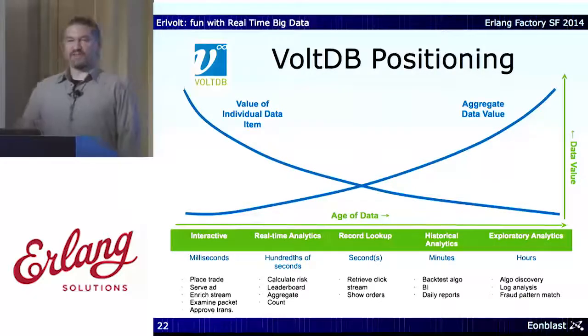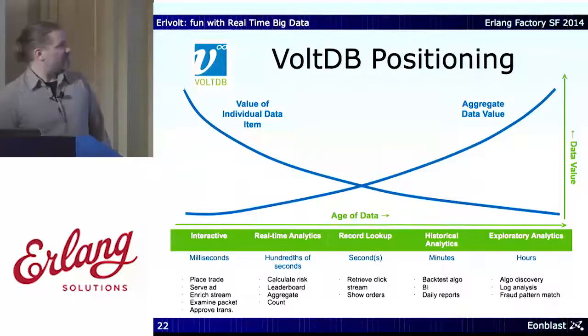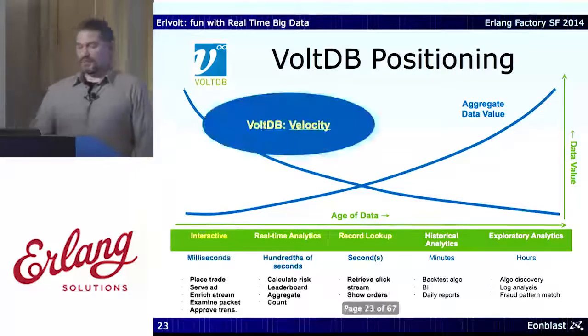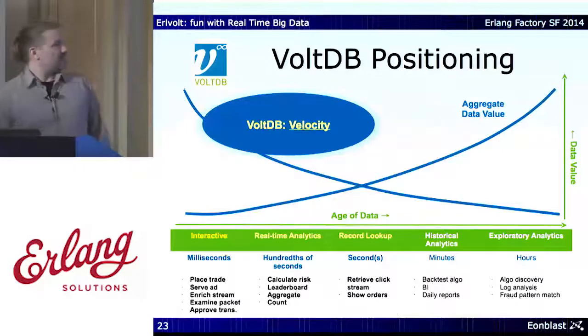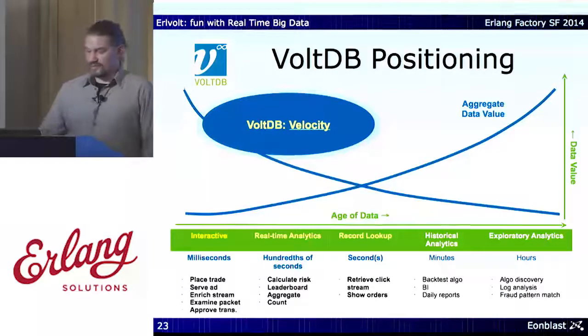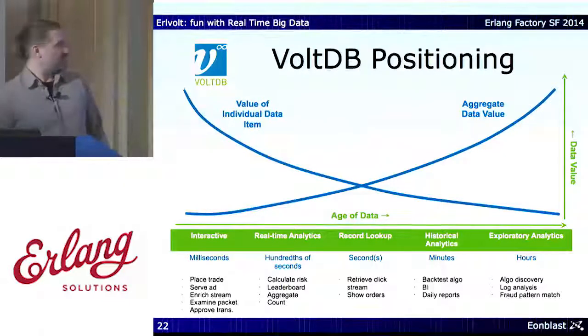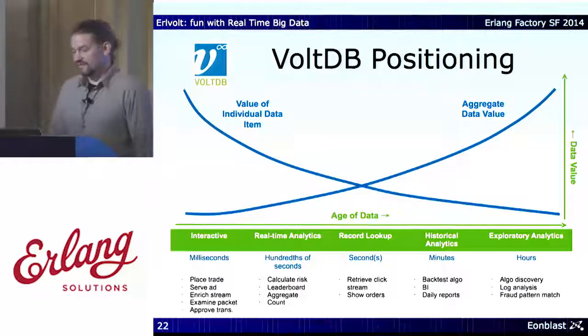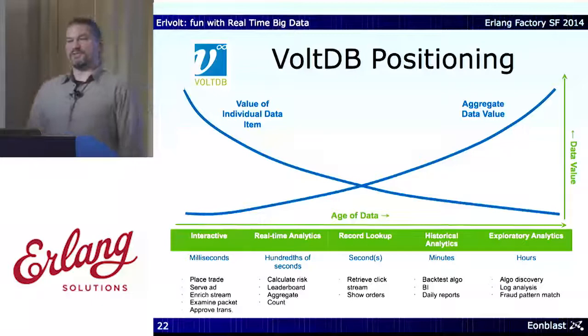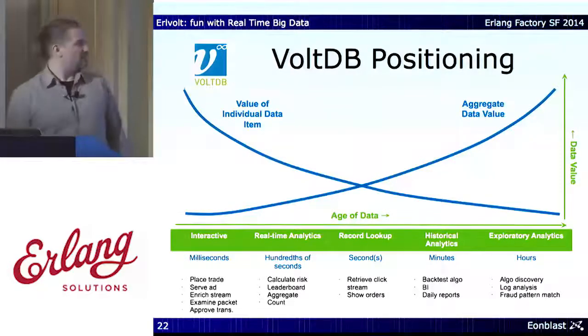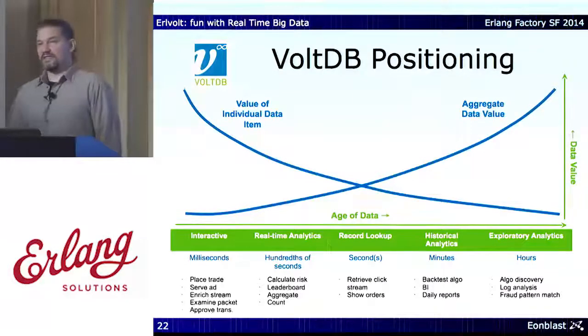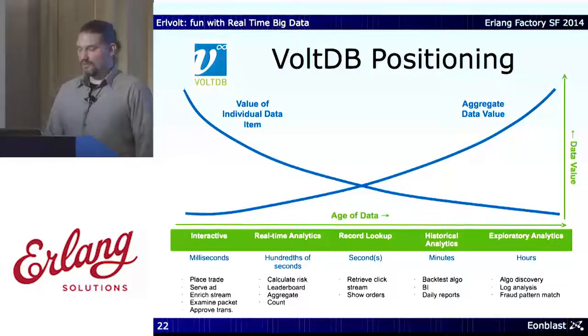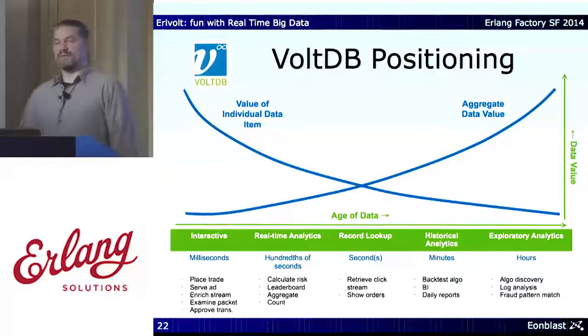Where they're positioning themselves, and this is a graphic from VoltDB, is at that spot where the data is really fresh. The idea with this graph is that from the left to the right, you have increased age of data, and from the bottom to the top, the value of the data increases. So if data comes in, the fresher the data is and the faster I can make an analysis of the data, the higher the value.